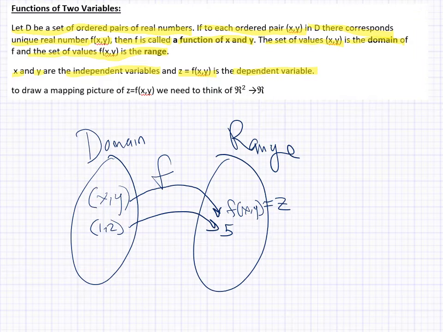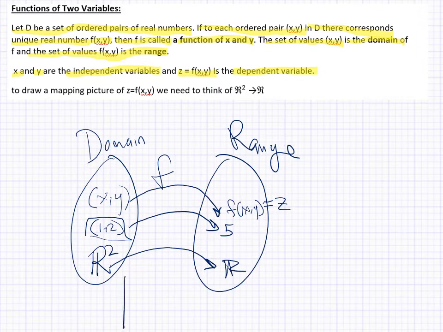Well, look at the domain. The domain is a set of ordered pairs. The domain is a set of points in the xy plane. So what we're doing is mapping R2, a set of points in the xy plane, not just a single real number but an ordered pair of 2 real numbers, and that's getting mapped to a single real number.